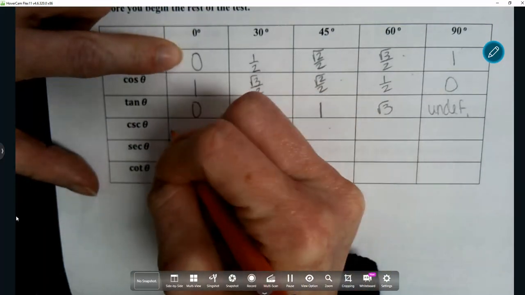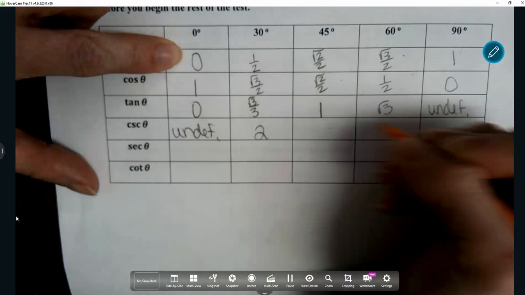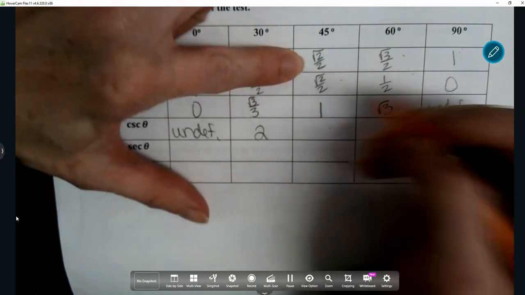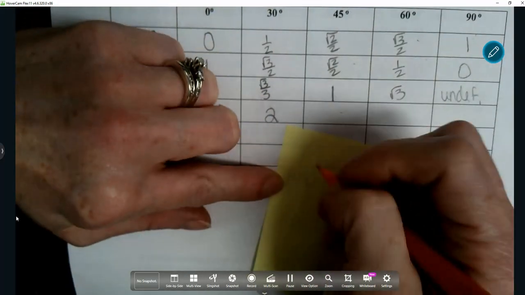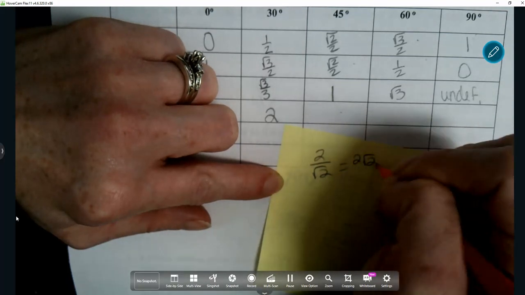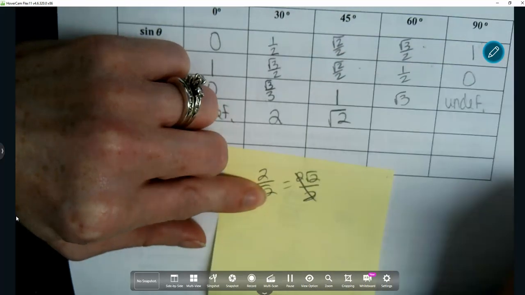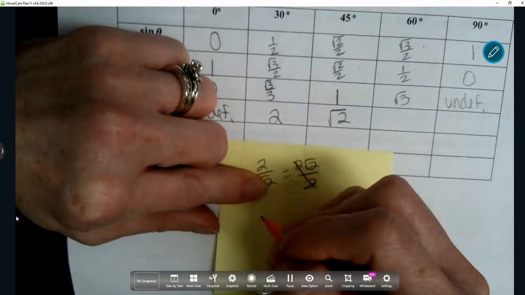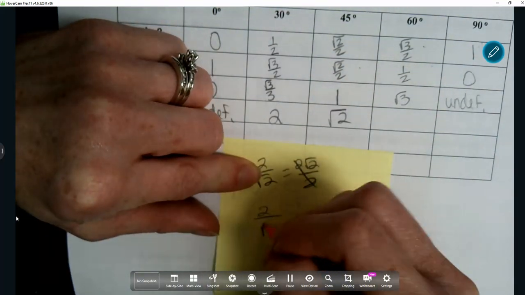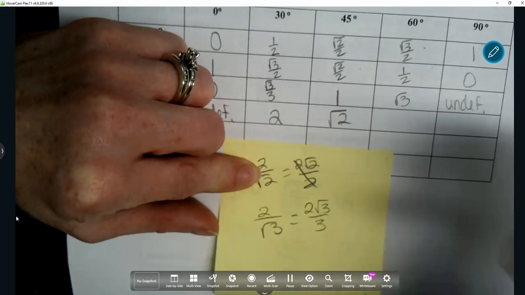Cosecant is a reciprocal of sine, so reciprocal of 0 is undefined. Reciprocal of 1/2 is 2. If you have the square root of 2 over 2, if you flip that, multiply your radical, those cancel and you just get the square root of 2. Square root of 3 over 2. So when you flip it, 2 over radical 3, it's 2 radical 3 over 3.